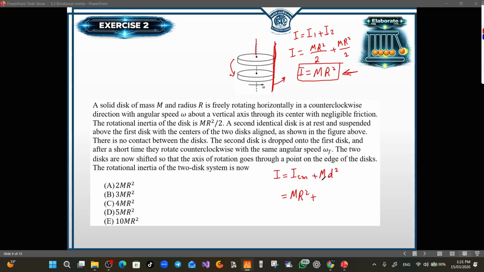So actually here the total mass of the disk will be 2m, and d is the distance between the axis delta, which is the axis of rotation through the center of mass, and delta prime, the axis of rotation at the edge, and the distance from here to there is simply r. So the final answer, 2mr squared plus mr squared, is going to be 3mr squared, and the correct answer is B.